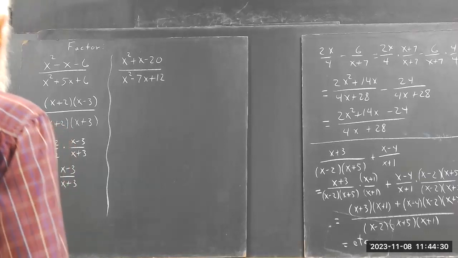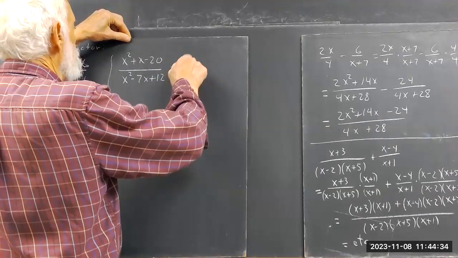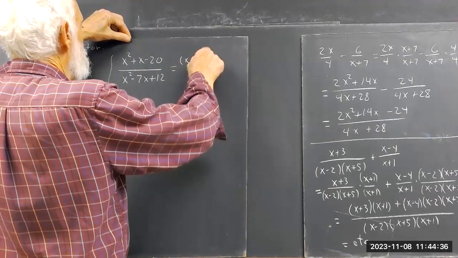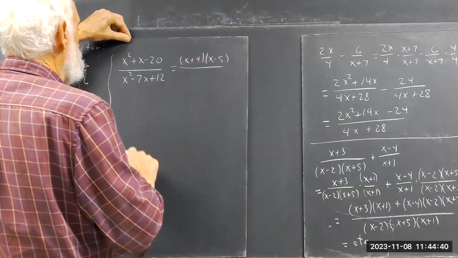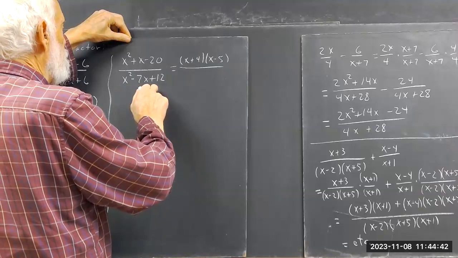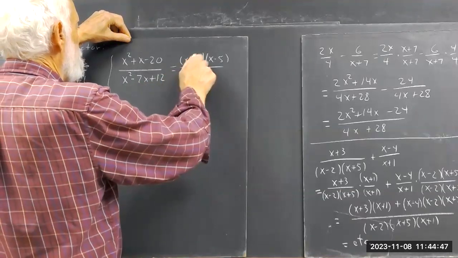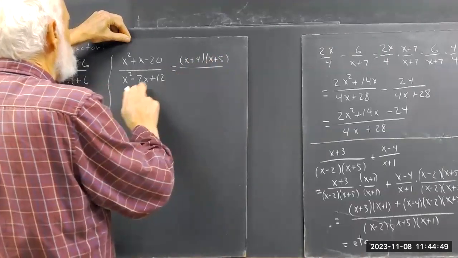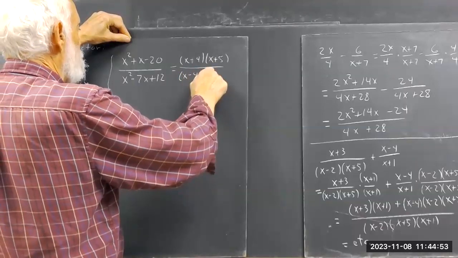Okay, so x squared plus x minus 20 gives you x minus 4 times x plus 5. I'm sorry, I said x plus 4 at first, but it's x minus 4 and x plus 5. And x squared minus 7x plus 12 is x minus 4 times x minus 3.